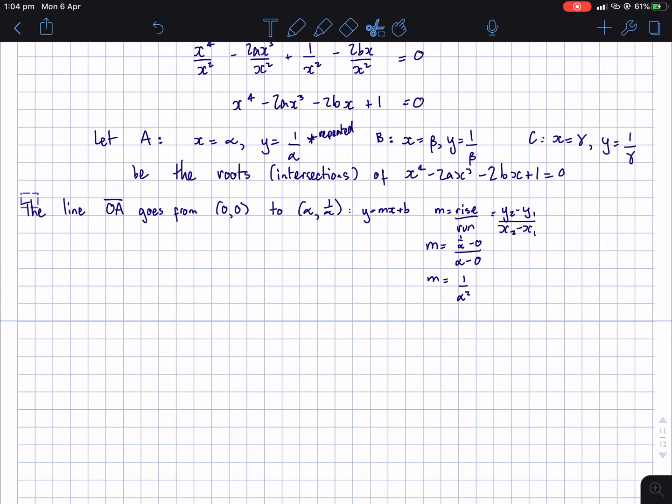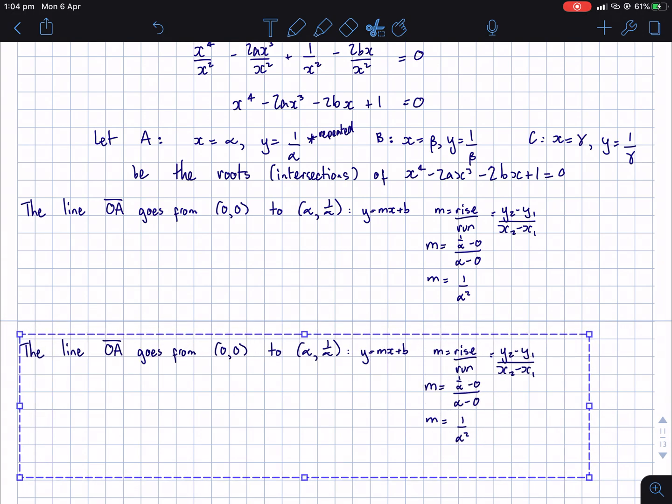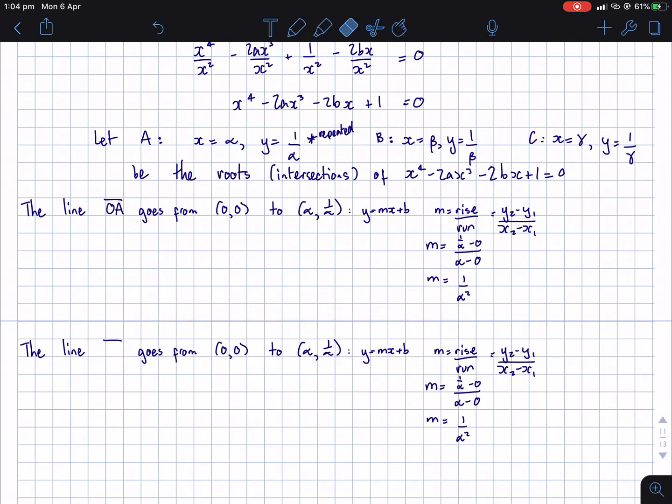And now I'm going to do something similar with the line BC. So the line BC goes from B, which is (beta, 1 on beta), to (gamma, 1 on gamma). So we have (1 on gamma take 1 on beta) over (gamma minus beta).